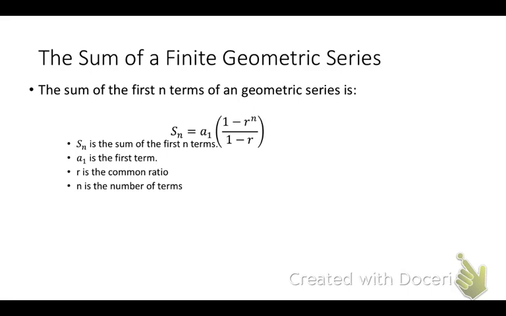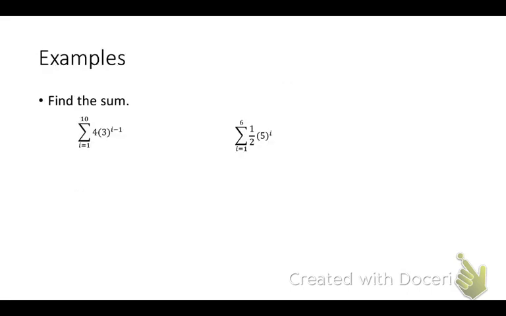So it's a sub 1 times 1 minus r to the n power, divided by 1 minus r. You're going to have normally a negative number on top and on bottom, and then whenever you divide there.